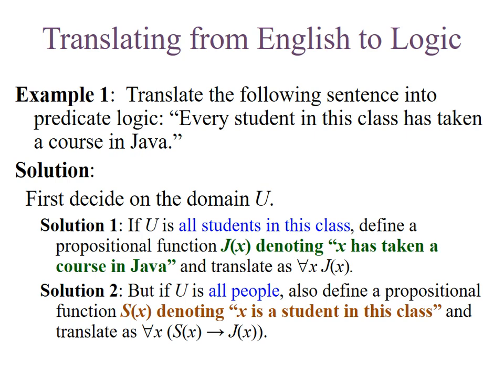So we have for all x, if S of x then J of x. That means for all people in the domain, if he is a student in this class, then he has taken Java. If you are a student in this class, then you take Java. That means all the students in this class have taken Java.